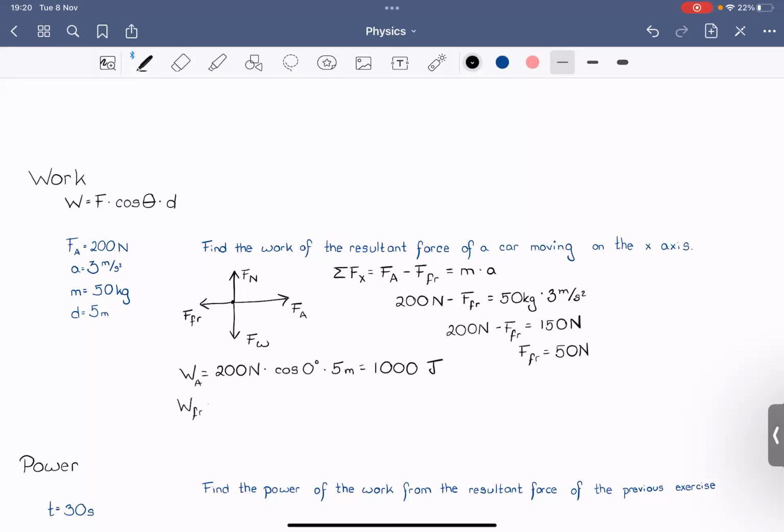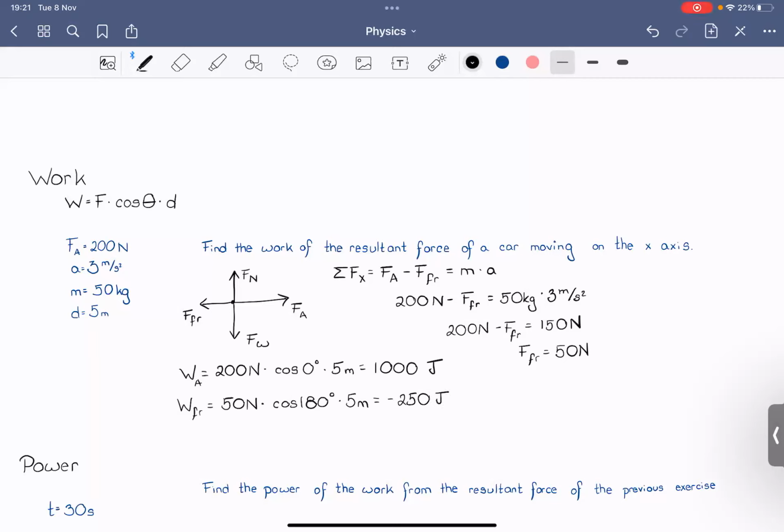Then we're going to have our work for our friction force, which is 50 newtons times cosine of 180 times 5 meters. Therefore, that is 50 times cosine of 180, which is -1, times 5, which would give us -250 joules.